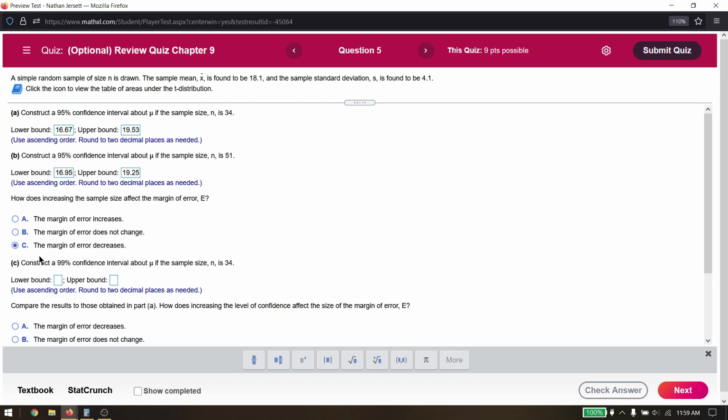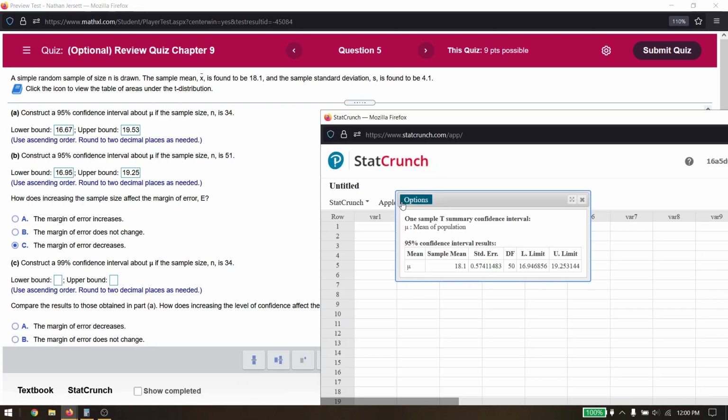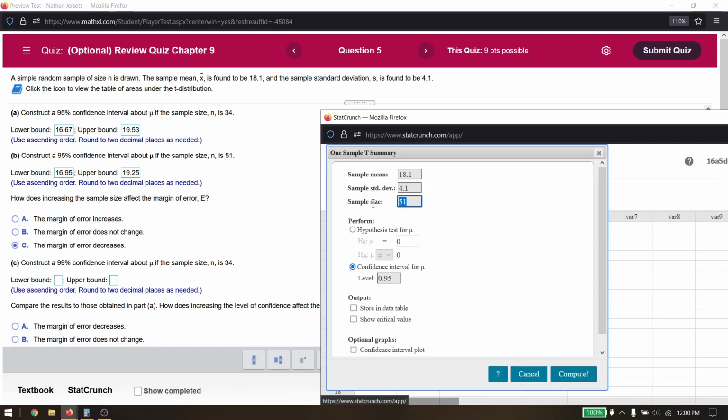Okay, now for this one, from the first one is n equal to 34 and 95% confidence level. Here we have a 99% confidence level for n equal to 34. So let's go back to StatCrunch, change that to 34, and then change the confidence level to 99.